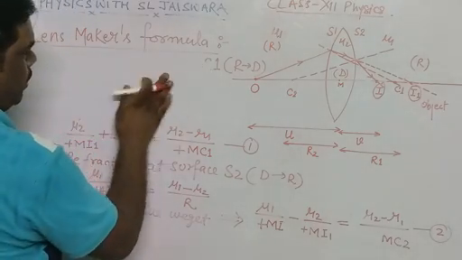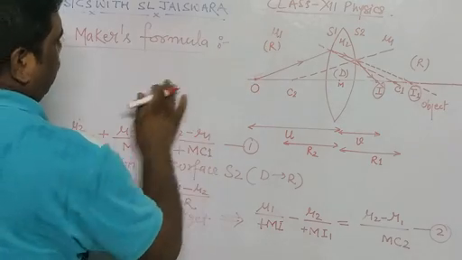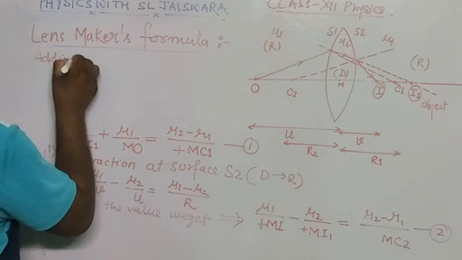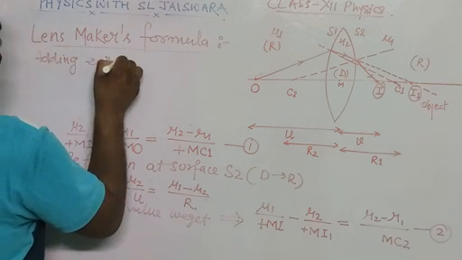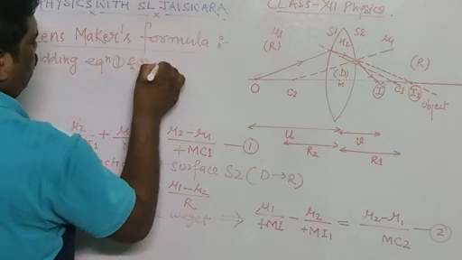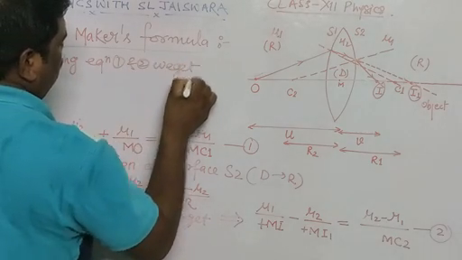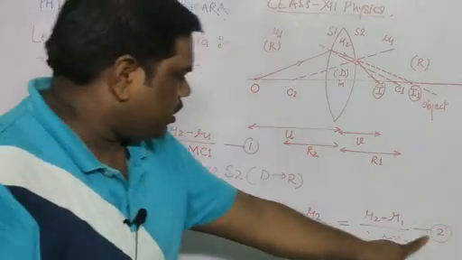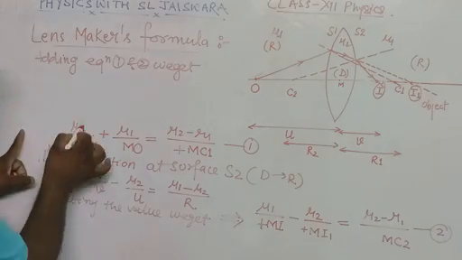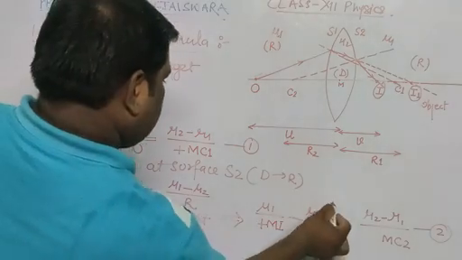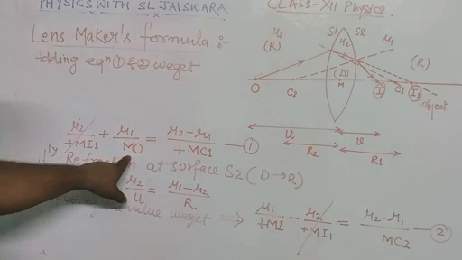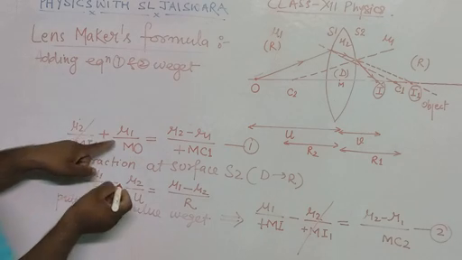Let us write down, adding equation 1 and 2, what will we get, children? See, this equation and this equation, when we add, this cancels with this. So what is left here? Very good.